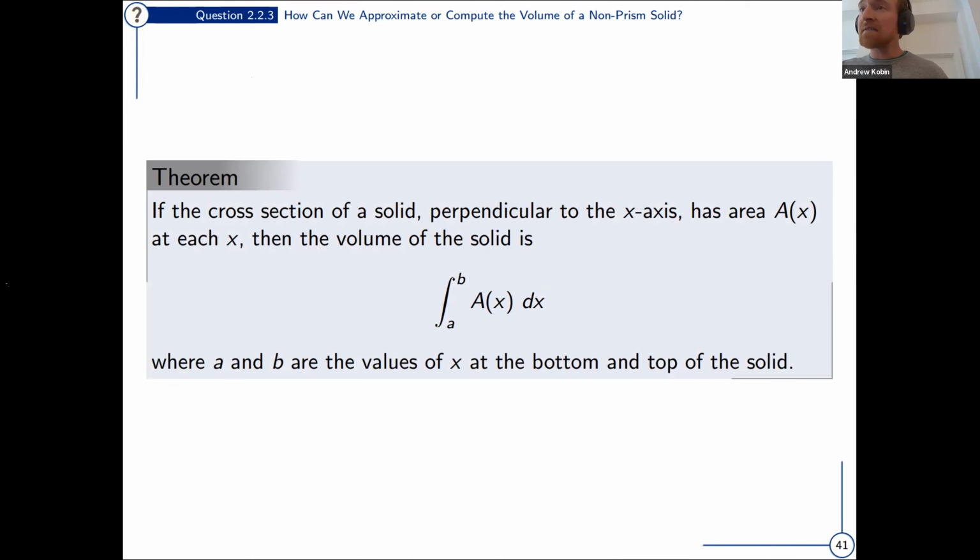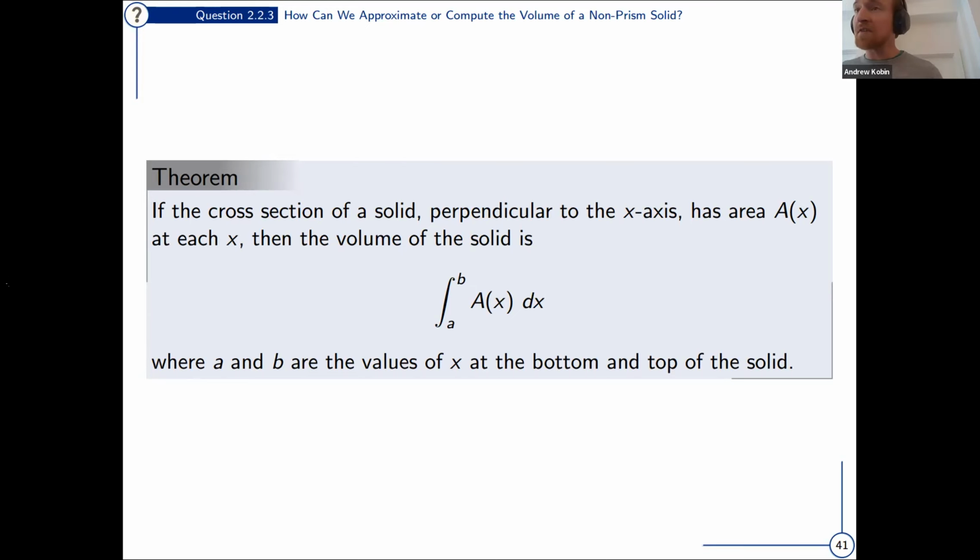If each of the slices has area A of x, which is now a function of x, since the area might change depending on which x value we're at, then the volume of the whole solid will be given by an integral: the integral from a to b of capital A of x dx. Here, a and b are just the bounds on the x values that describe how far our figure stretches along the x-axis.